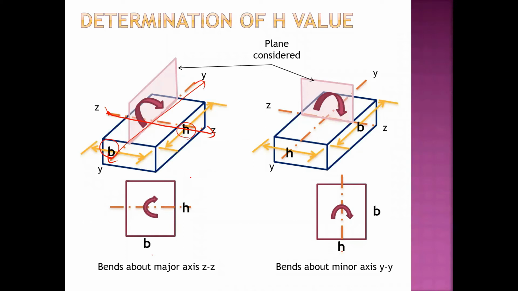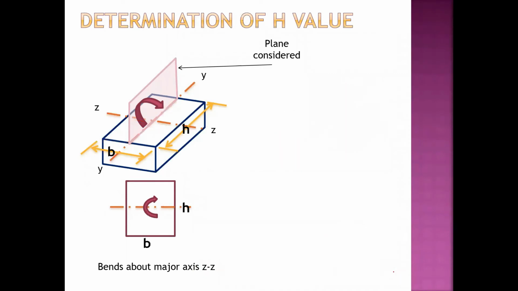So we must look at the direction of the bending, either about the axis Z-Z or about the axis Y-Y. What if the column is bent around the major axis? The major axis is Z-Z.